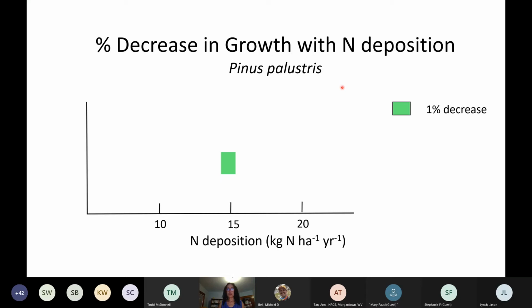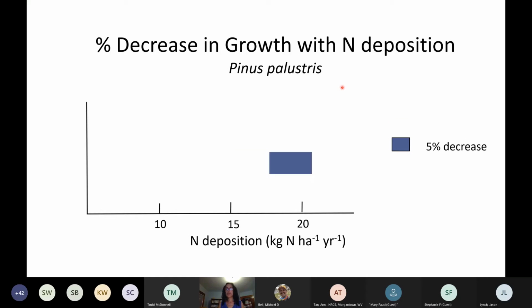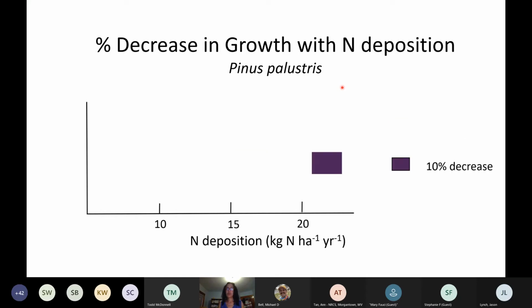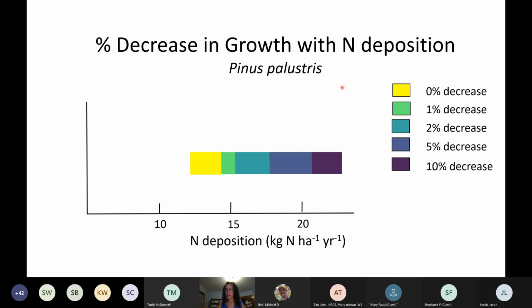So that would be shown here, for a 2 to 5% decrease in growth here, 5 to 10% decrease in growth, and a greater than 10% decrease in growth. So when we put it all together, we can see the different points at which we have these different growth rates.